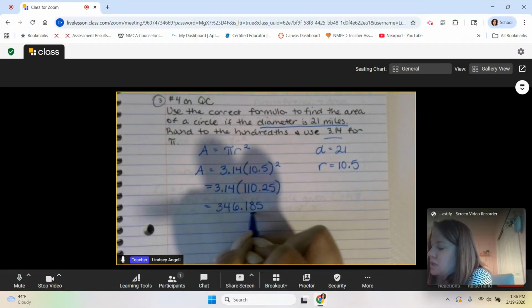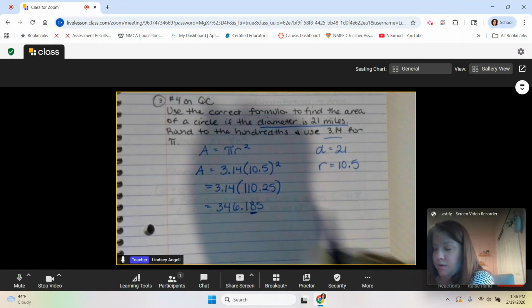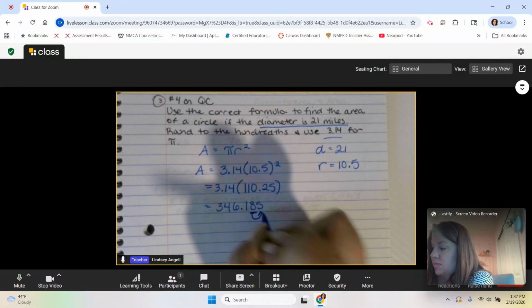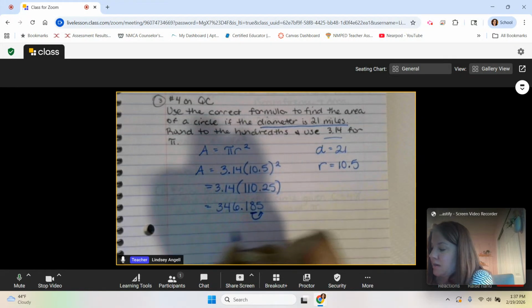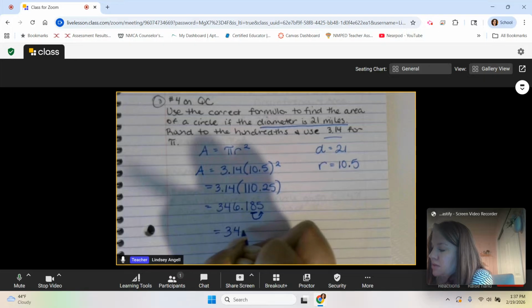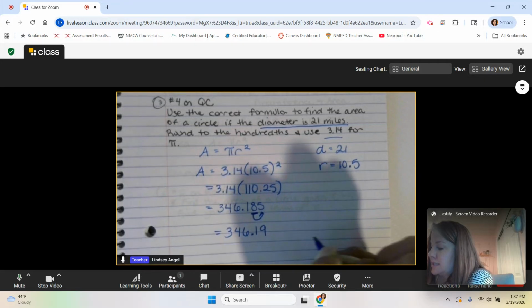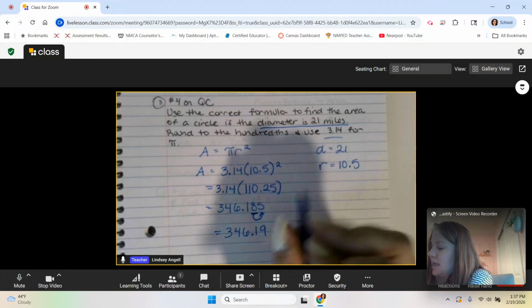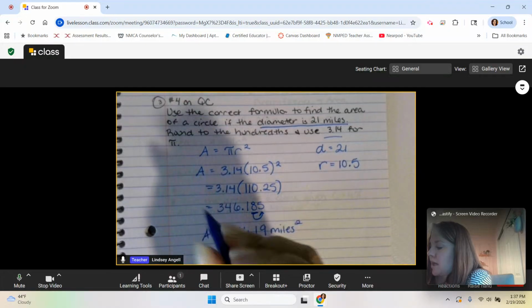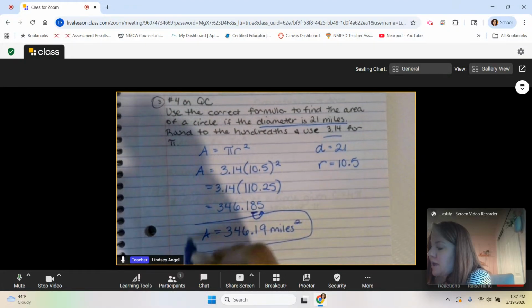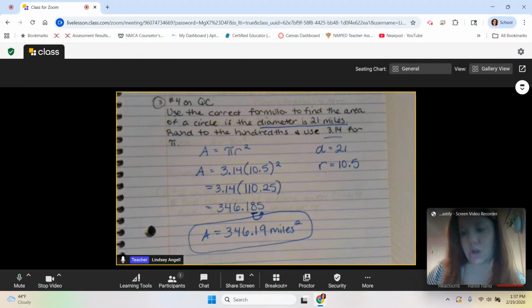Well, this is my hundredths place, so I need to look to the right of it. Oh, it's 5 or higher, so this gets bumped up 1. So my final answer should be 346.19, and it would be miles squared, okay? Anytime you're talking about area, your units should always be squared, okay?